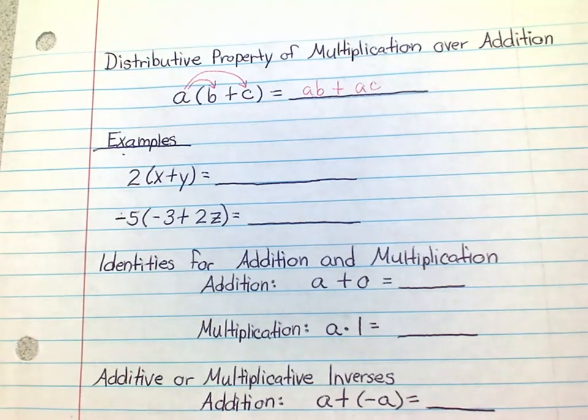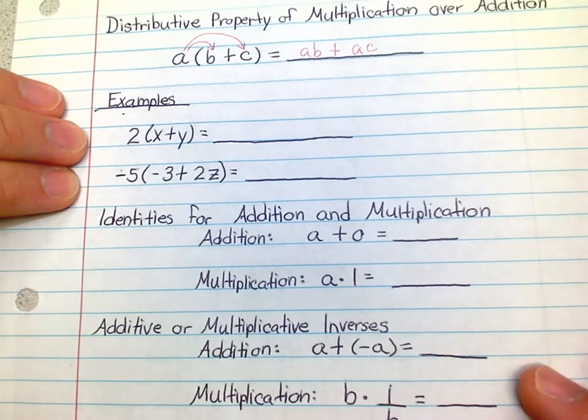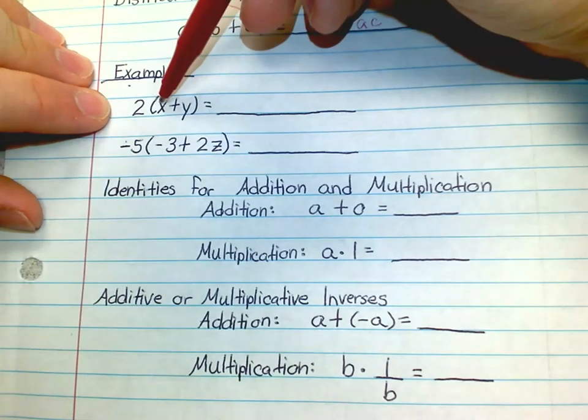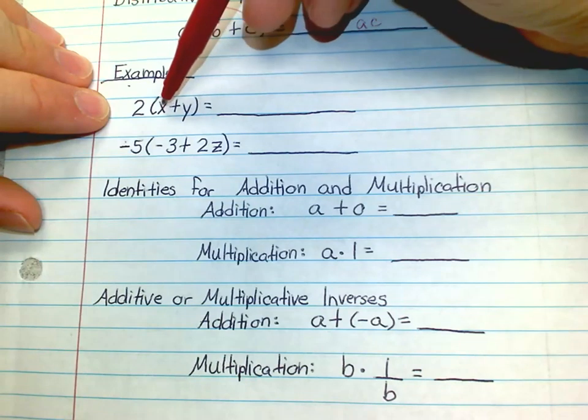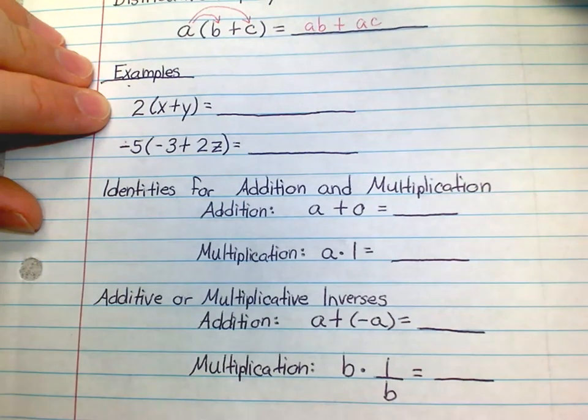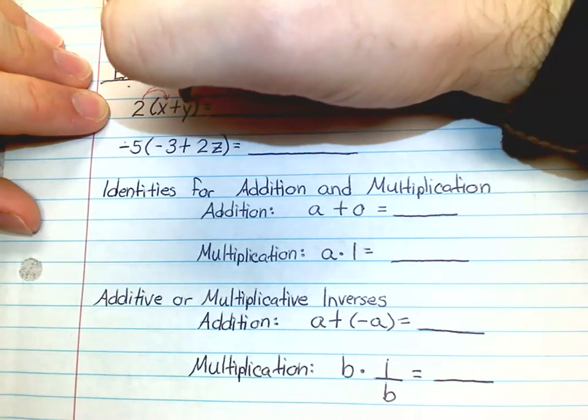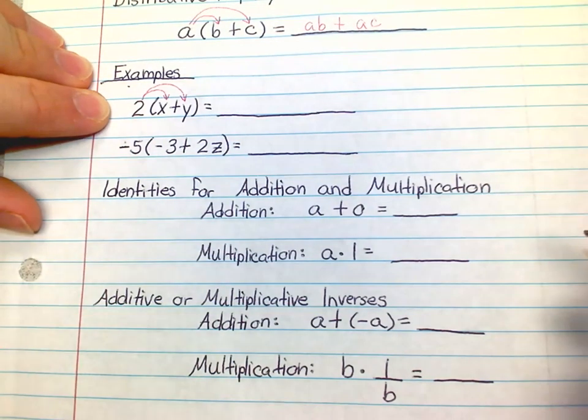Okay, and now let's do a few examples of using this distributive property using real numbers and variables. So we have this 2 right here in front of the parentheses x plus y. What we want to do is take this 2 and multiply it by each piece inside the parentheses.